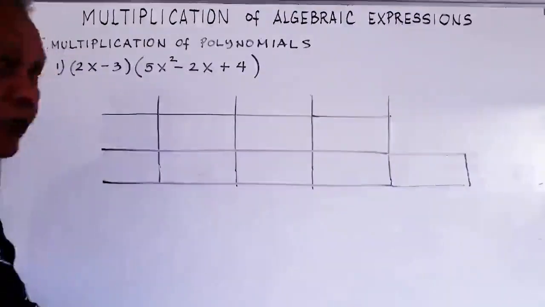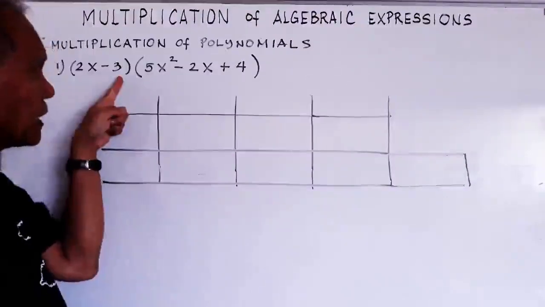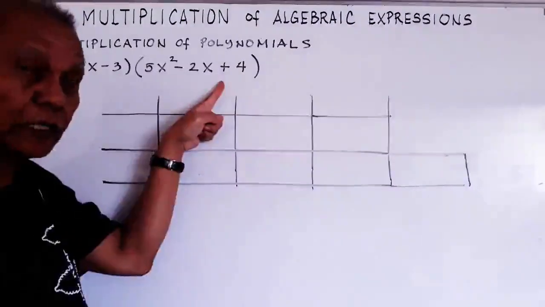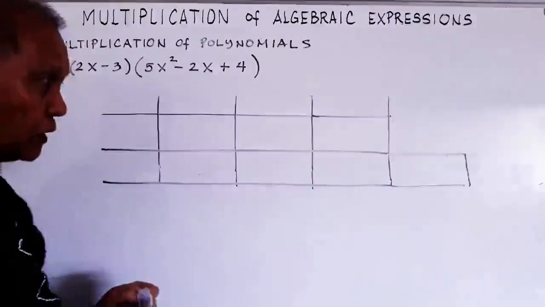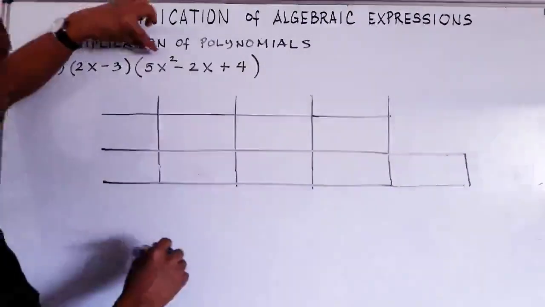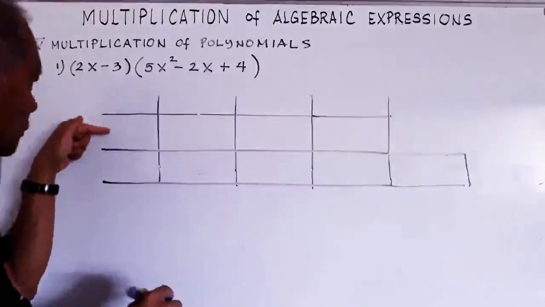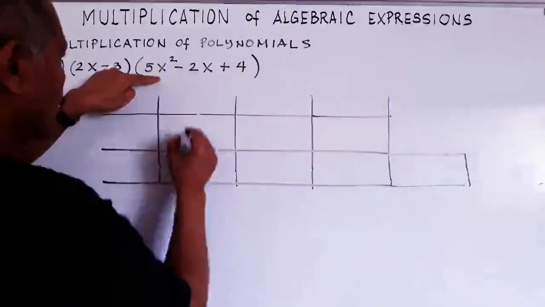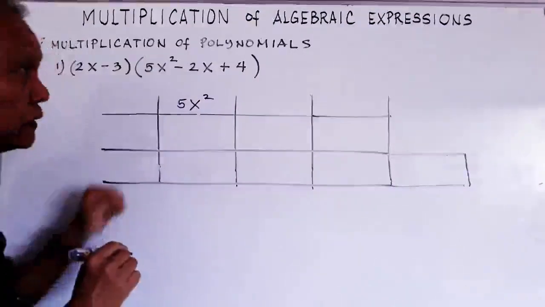So in our example here, we have 2x minus 3, a binomial, times a trinomial or a polynomial. So we are going to use the box method here, class. So I'm going to put this trinomial here and this binomial here. So I'm going to put the 5x squared here.